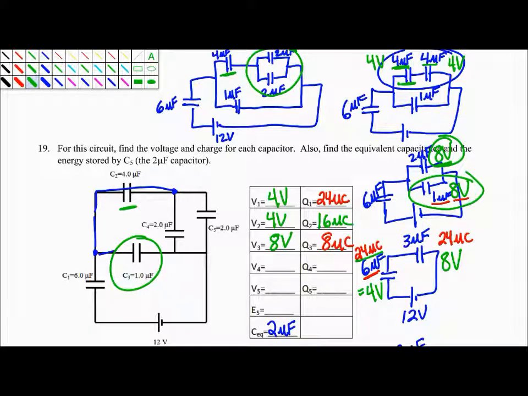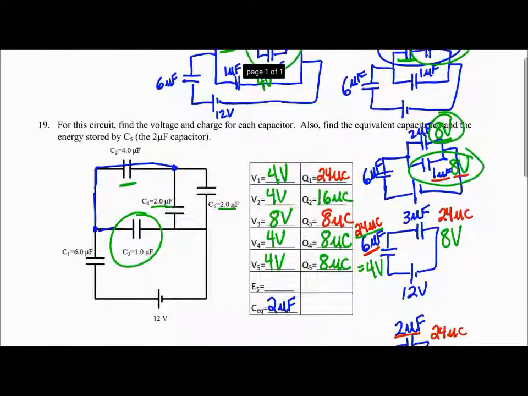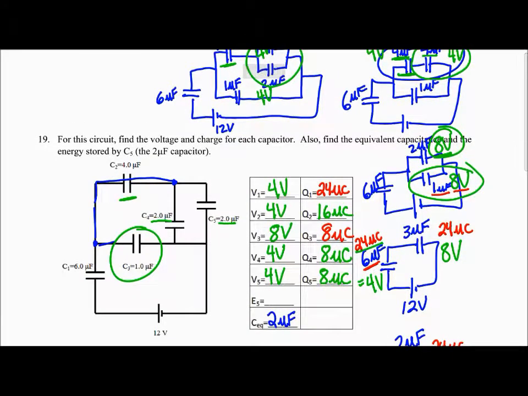And now I want to look at this capacitor, which has 4 volts. That's the equivalent for these two. So I have 4 volts across this one and 4 volts across this one. That's V4 and V5. Both of them are 4 volts. They're each 2 microfarads, so they both have 8 microcoulombs each. And then for E5, I have this information.